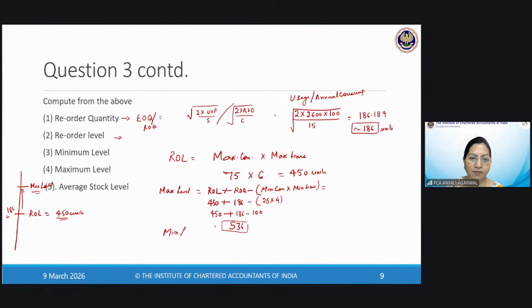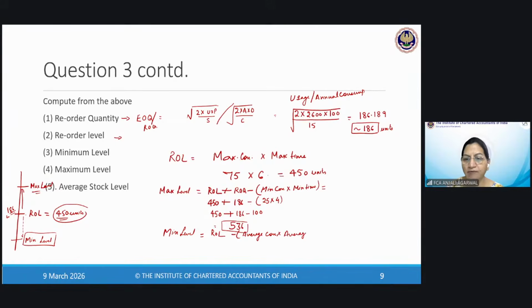Then you go to the minimum level. How do you calculate the minimum level? Minimum level will be calculated when you place an order at 450 units until you receive these 186 units. You are going to consume from here and your level will fall to the minimum level. Here we assume that you are consuming on an average basis. So the formula is: minimum level is reorder level minus whatever you have consumed on average basis, that is average consumption multiplied by average time.